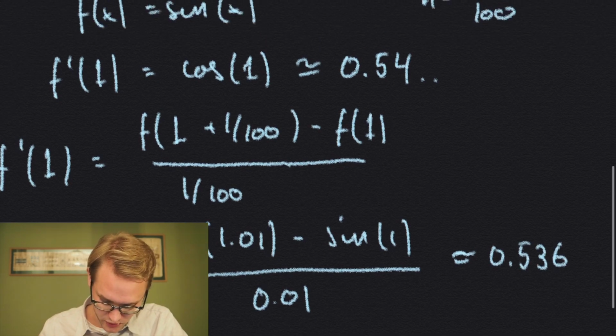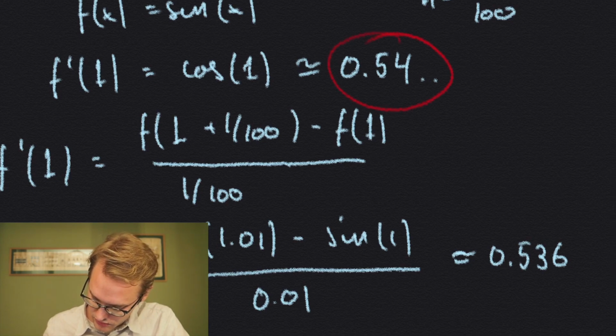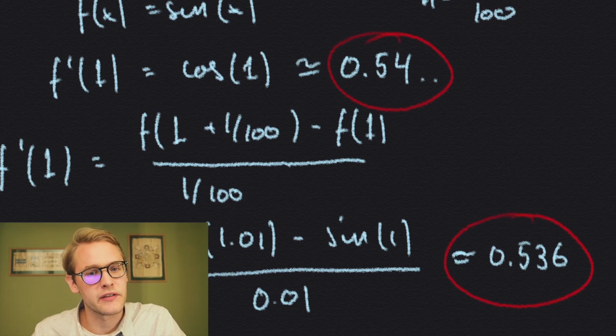And now what I want you to notice is that these two values are not that far from each other. It's pretty close. So let's look at a programming example.